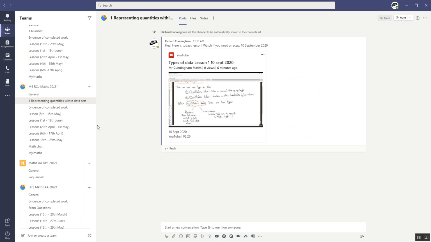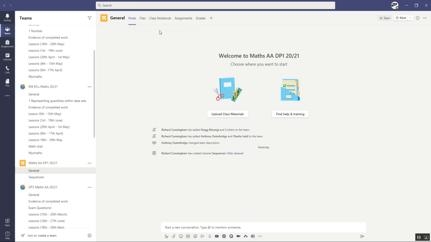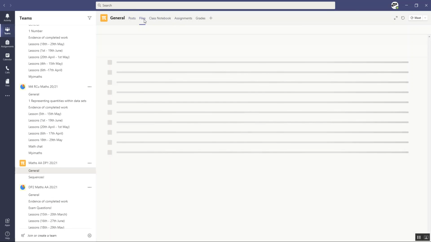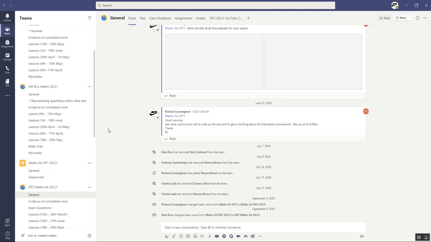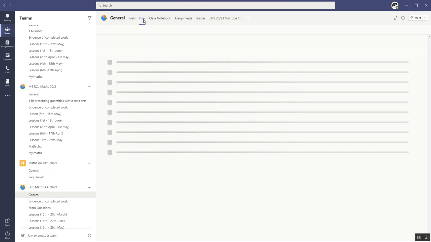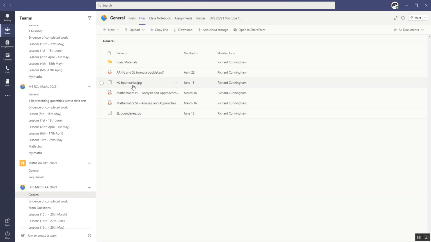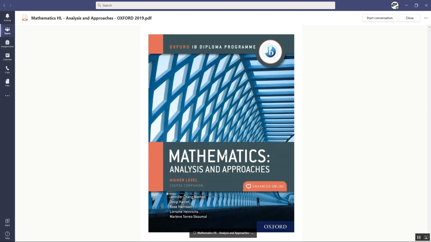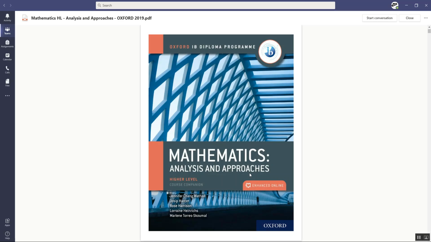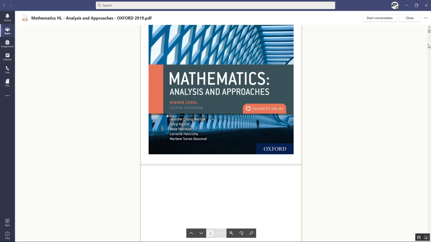Have a look. So this is page 15. DP1. Sorry, I haven't put it in here yet, have I? I can give you.